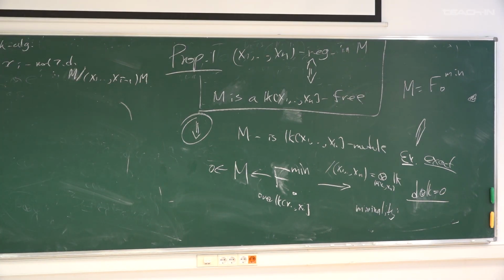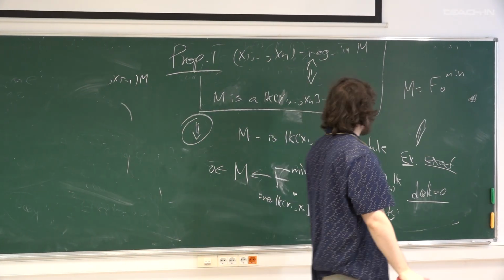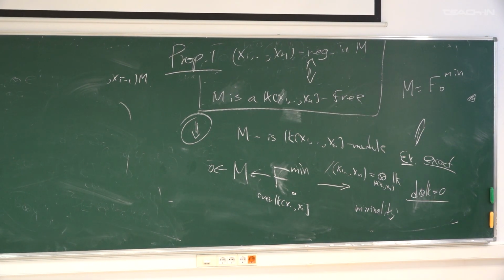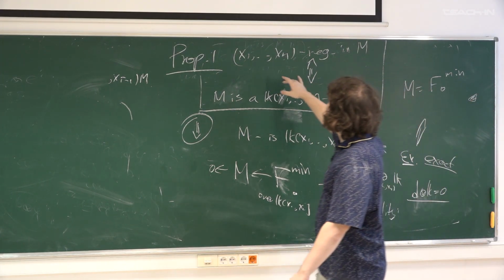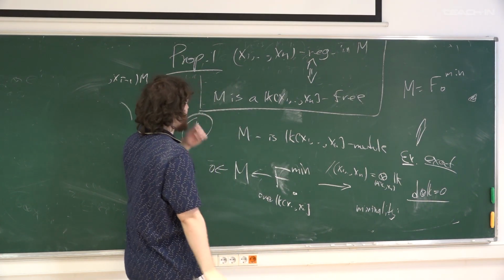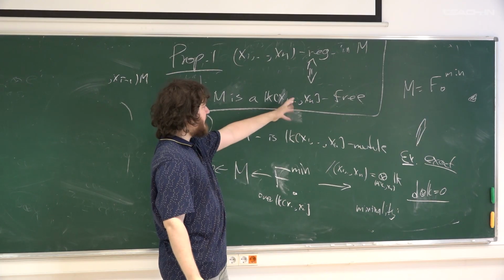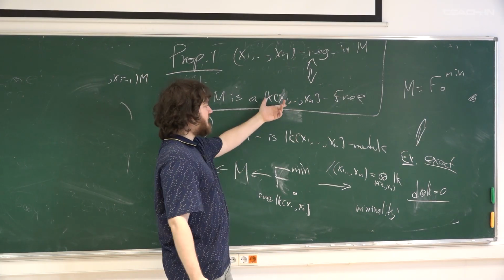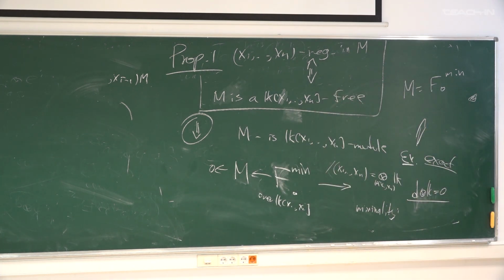A fun corollary from this is that the property of an ordered sequence to be regular does not depend on order. It's a property of the unordered set of elements. If I have a permutation of variables, it's some automorphism of my ring, and if my module is free over this polynomial ring, it is also free over the permuted ring.